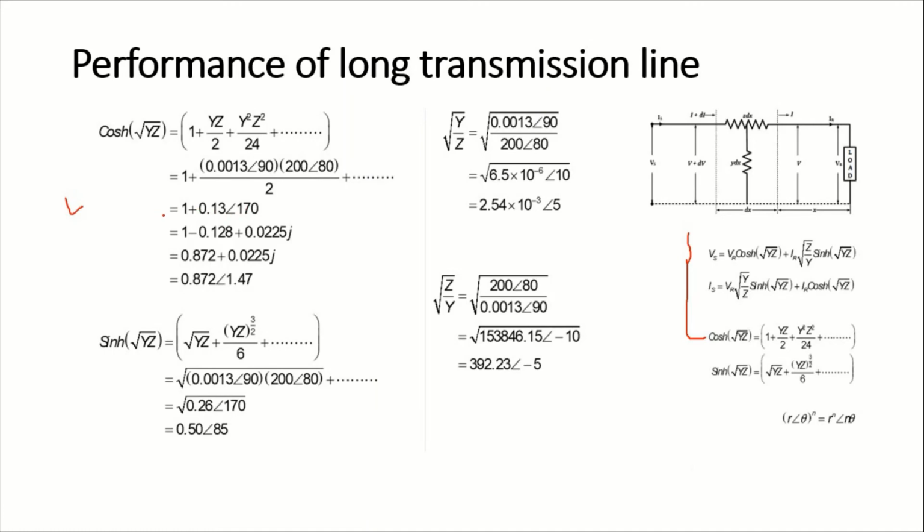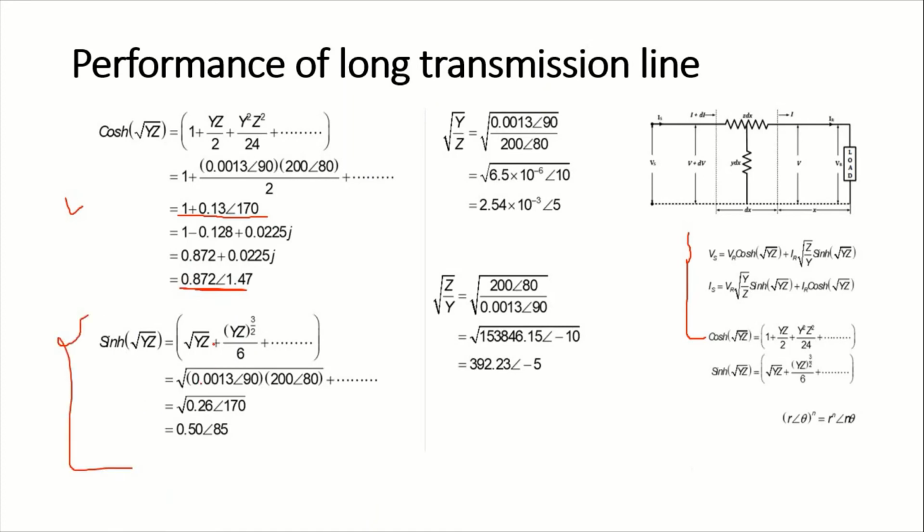Now these 2 terms are in addition, so we have to convert this polar form into the rectangular form, so we can easily add it with this 1. So the final value of this cos h under root y into z is 0.872 angle 1.47.